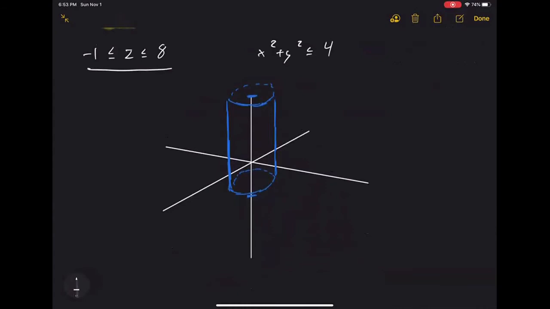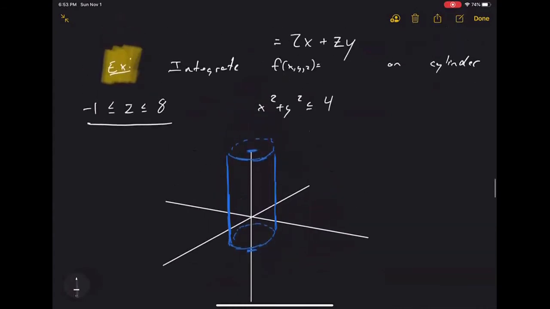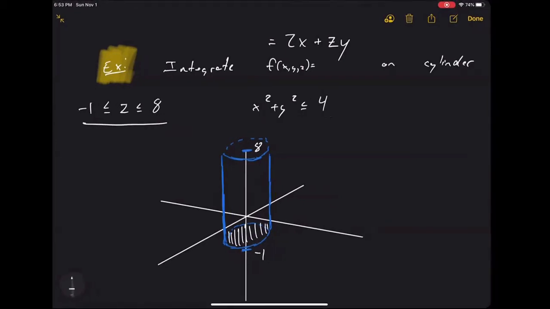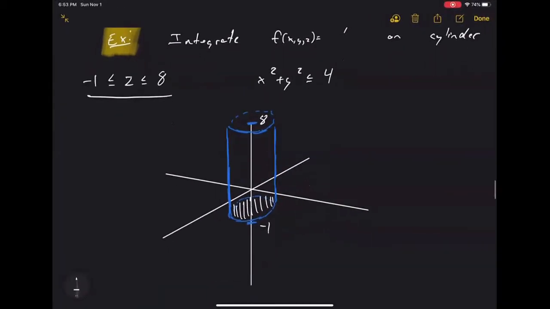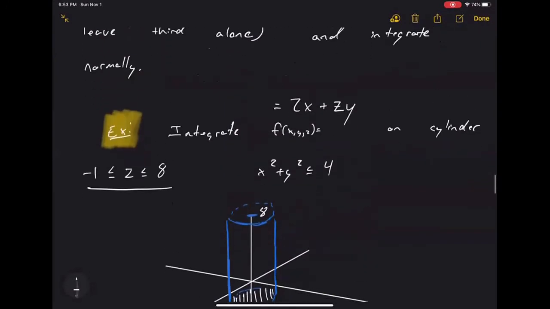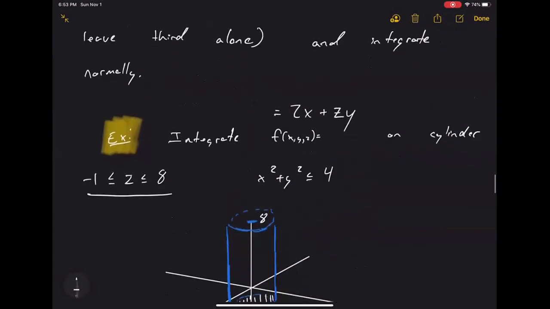First of all, let's get a picture of what our domain looks like. Our domain is the cylinder that starts down here at -1 and goes up to 8. And the body of my cylinder is these circles with radius 2, right? Square root of 4 is 2. So that's my domain.